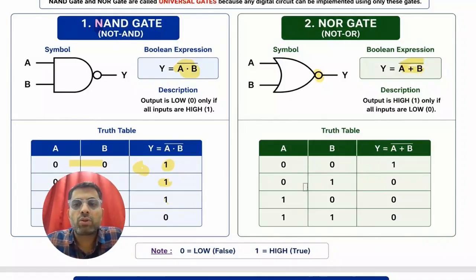Again the same inputs 0 0, 0 1, 1 0 and 1 1. So look, 0 plus 0 is 0, its complement is 1. 0 plus 1 is 1, its complement is 0. 1 plus 0 is 1, its complement is 0. 1 plus 1 is 1 and its complement is 0. So these are the truth tables of the universal gates, and this is the symbol of these universal gates, right?